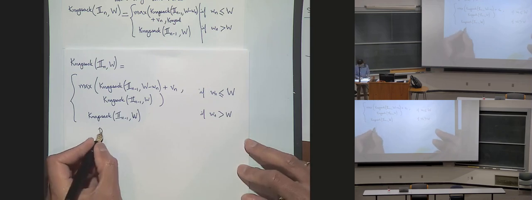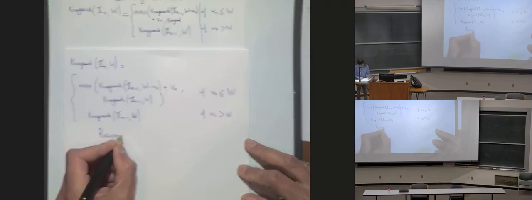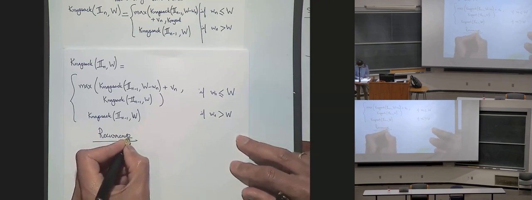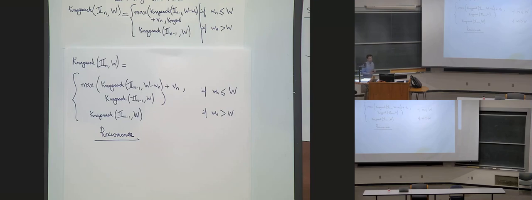This entire thing is called a recurrence. In any dynamic programming problem, like ones I give in the homework, the first thing you would do is write down the recurrence. Figuring it out will take effort, but once you figure it out, it becomes clear how you're going to do dynamic programming using this.